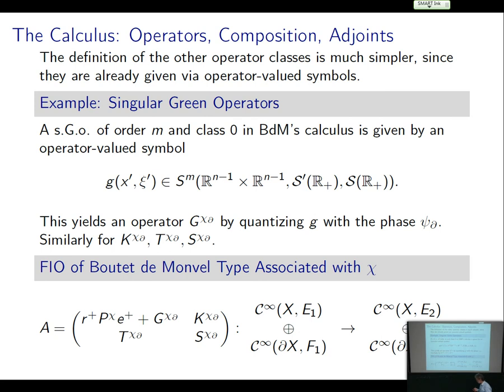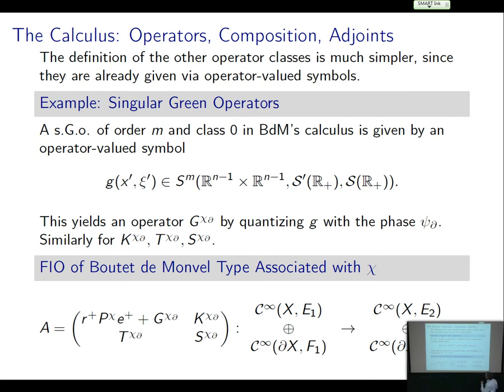So for example, if you look at a classical singular Green operator, a singular Green operator is an operator-valued symbol. So if it's order m, and I avoided this, the operators in Boutet de Monvel's calculus have something called a class, but let's forget this for the moment. If you have class 0, then it's an operator-valued symbol mapping tempered distributions on R plus. So this just means the dual space of the functions with restrictions to R plus of rapidly decreasing functions on R. This space to this space. Okay.